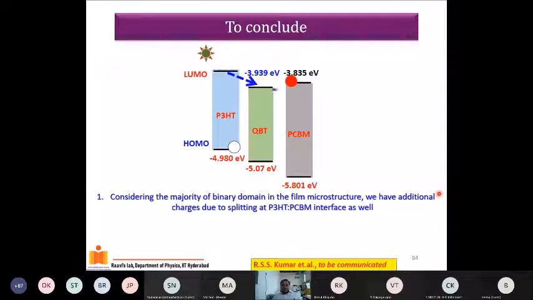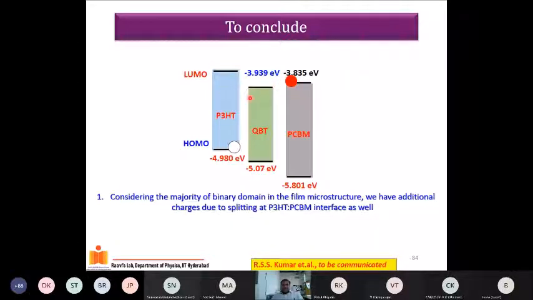But the effect of this QBT is that it has lower HOMO-LUMO level compared to P3HT. You have good injection of electron from P3HT to QBT, and QBT has a LUMO level which is matching with PCBM.